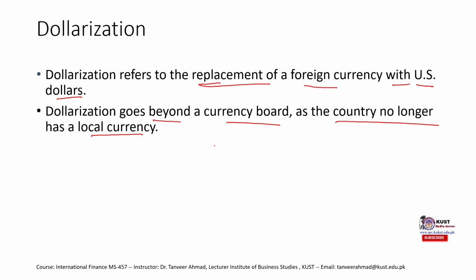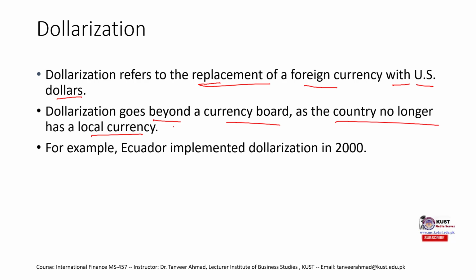But essentially, dollarization and a currency board are both pegged exchange rate systems, so they are pegging the local currency's value. The currency board does not replace the local currency, but in dollarization, we do replace it. For example, Ecuador implemented dollarization in 2000.